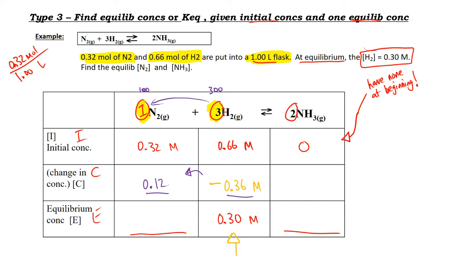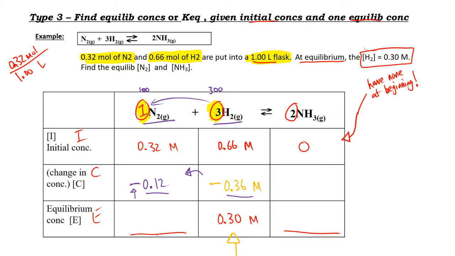The other super important piece is the sign. What sign are we going to have in front of this? Is that positive or negative? It's really important we catch that it's also going to be negative because it's also a reactant. If hydrogen's a reactant being used up, and it's going down by 0.36, well, my nitrogen's also a reactant, so it's also being used up and going down.